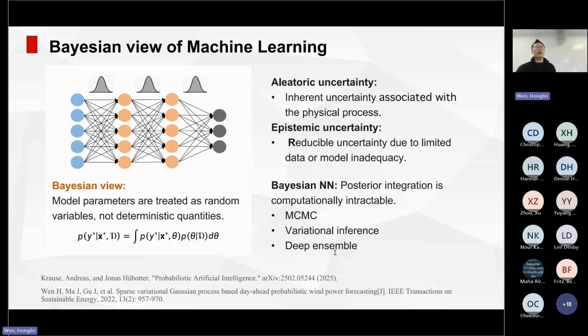So most often we need to use some approximate methods like MCMC, variational inference, or deep ensembles. The deep ensembles are just a mirror of what I mentioned before in the physical models, where you train a group of neural network models.